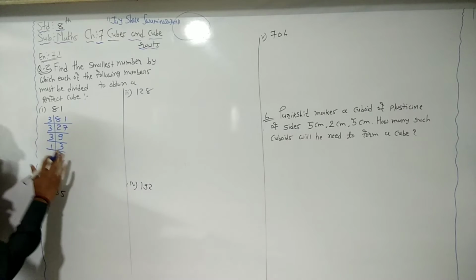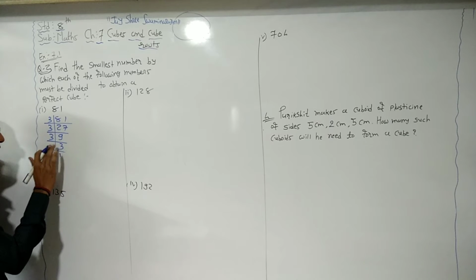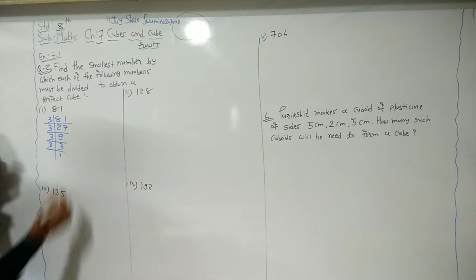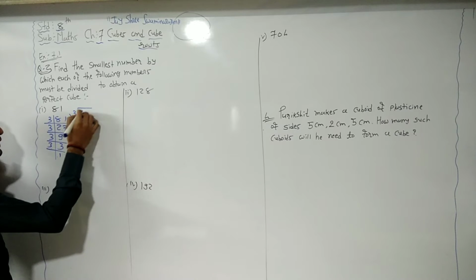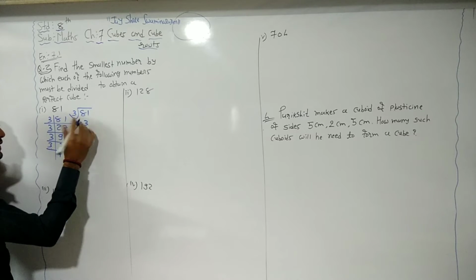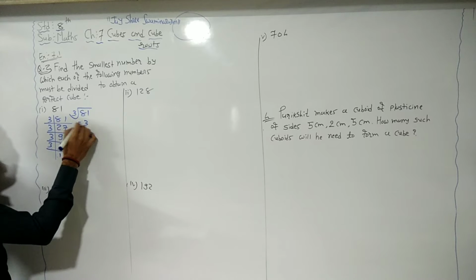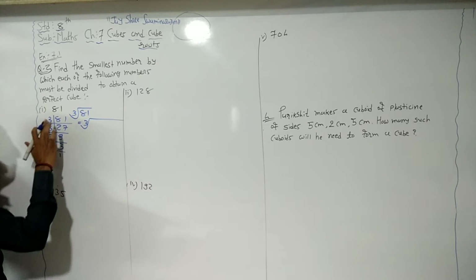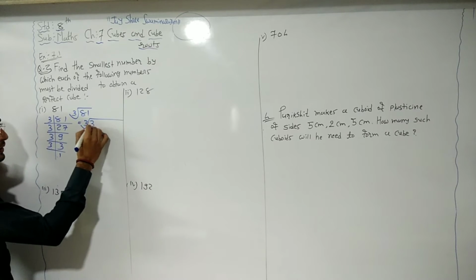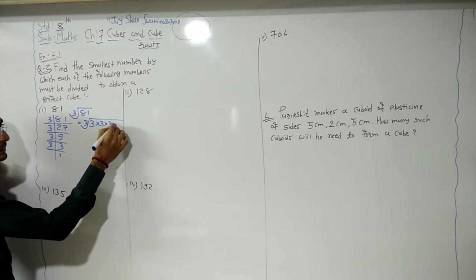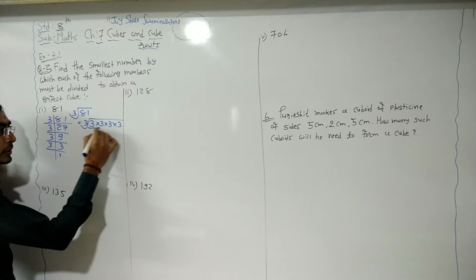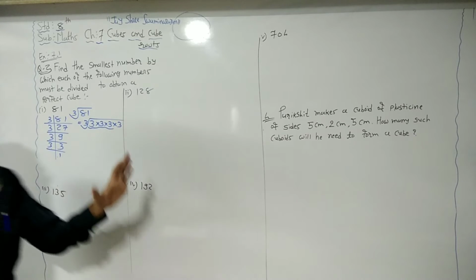Now the cube root of 81: 1, 2, 3, 4, that is 4 times 3. So one group of three we have, but one 3 is extra.